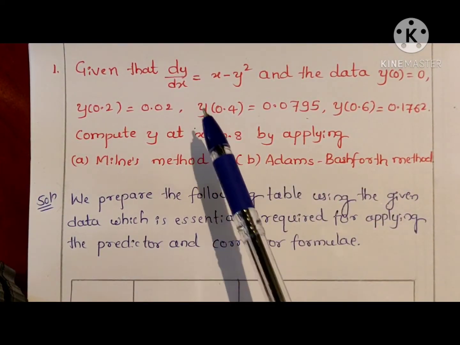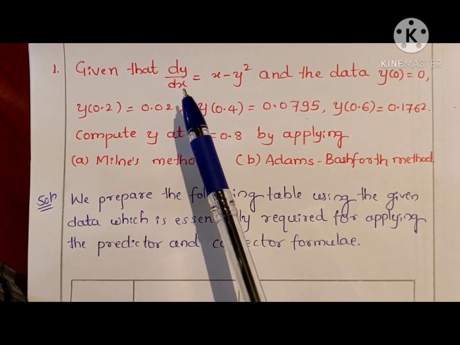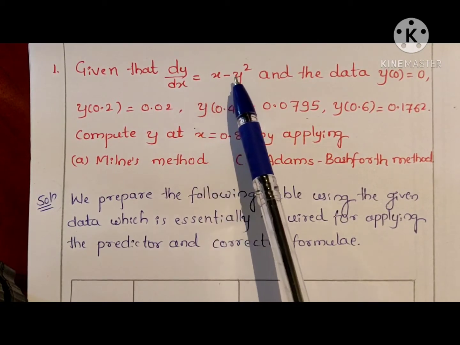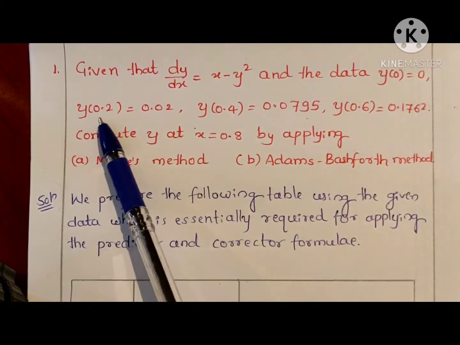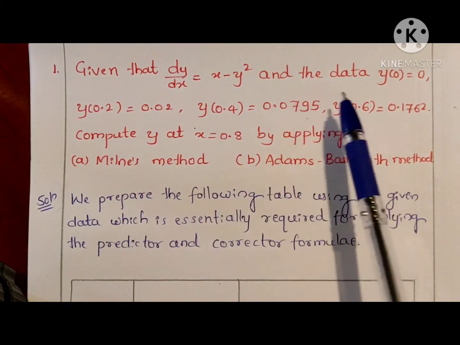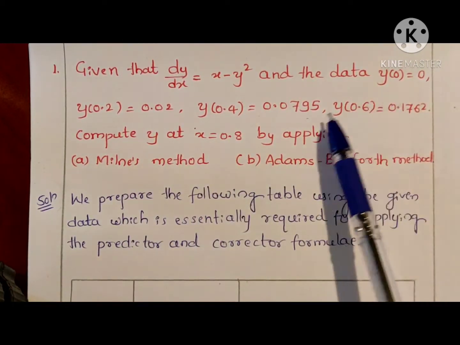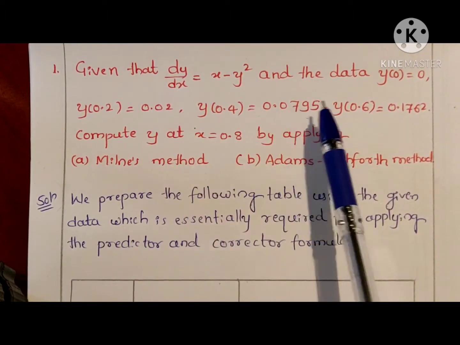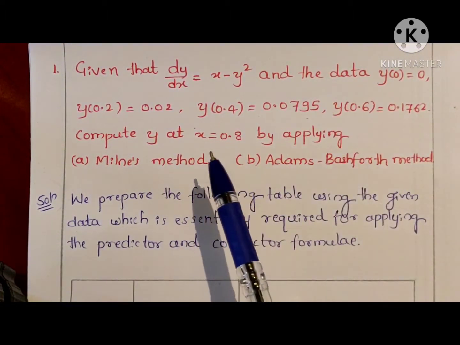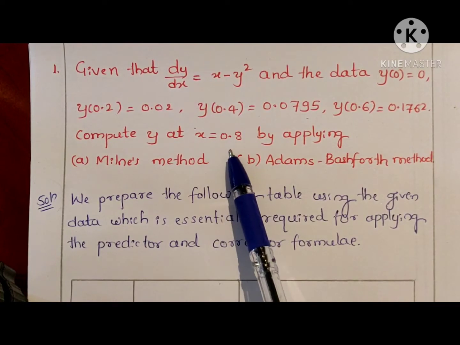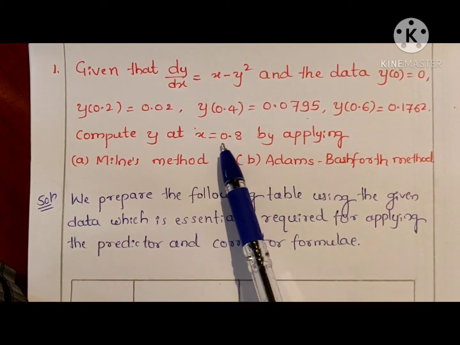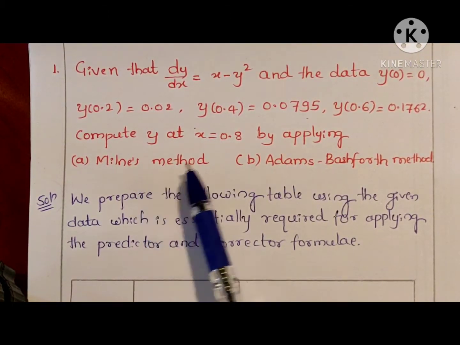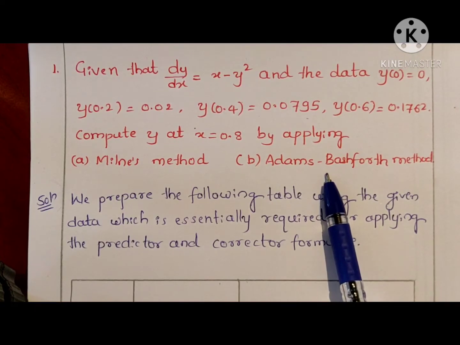In this example, you are given a differential equation dy by dx is equal to x minus y square, and the data is given, that is x0 0, x1 0.2, x2 0.4, x3 0.6 with respect to y0, y1, y2, y3. So we need to find for x4, our x4 is 0.8, we need to find y4. For the same set of data, we need to find y4 using Milne's method separately, and using Adams-Bashforth method separately.